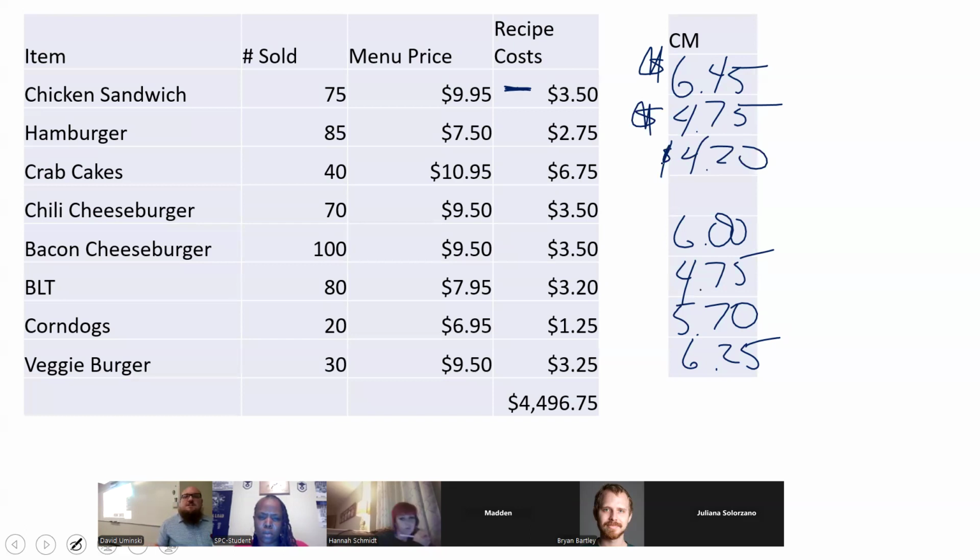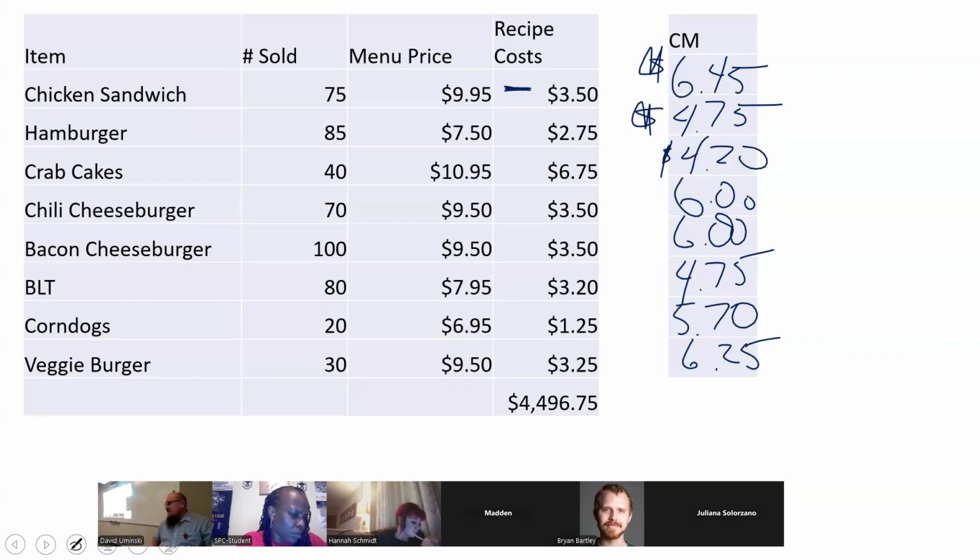And our chili cheeseburger? $6. So, what is our highest contribution margin? The chicken sandwich is the highest. Which one's the lowest? The crab cakes. Okay, so we got our high, we got our low, but what about the other ones in between? How do we find those? It's a great question. I'm glad you asked.